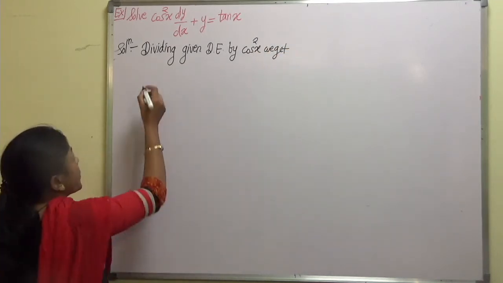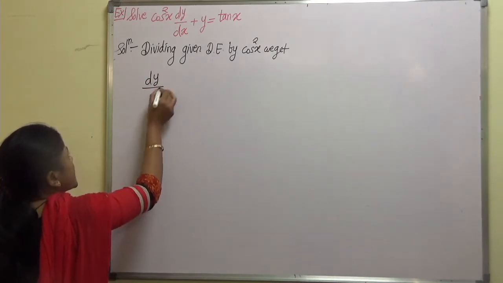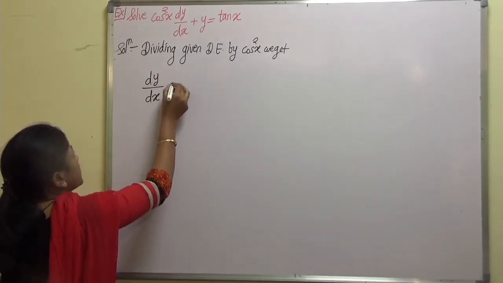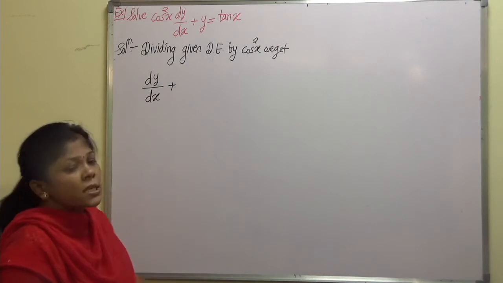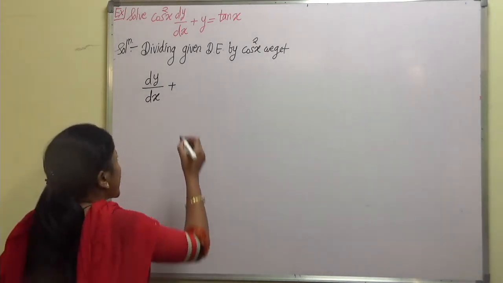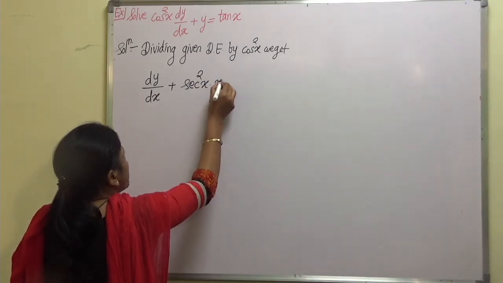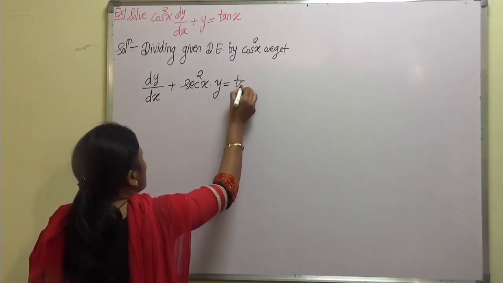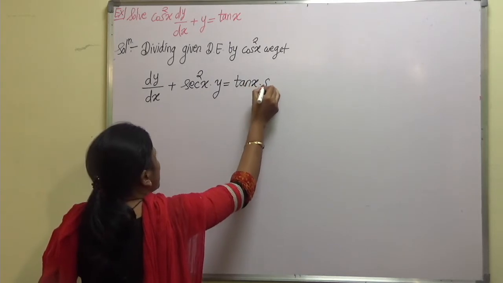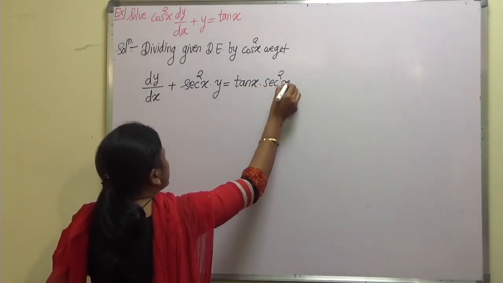dy by dx plus 1 by cos square x, which can be written as sec square x, into y is equal to tan x into sec square x.